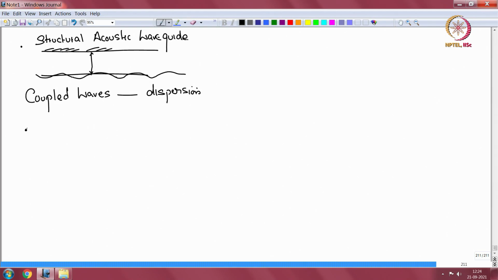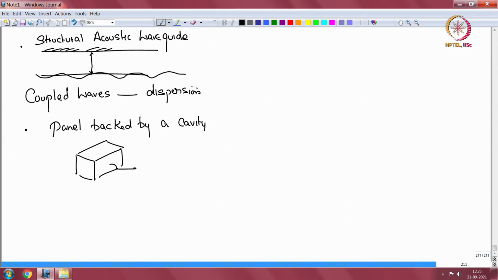Then we looked at a panel backed by a cavity. So there is this panel that is vibrating and it is backed by a cavity. We looked at a paper by Kim and Brennan.